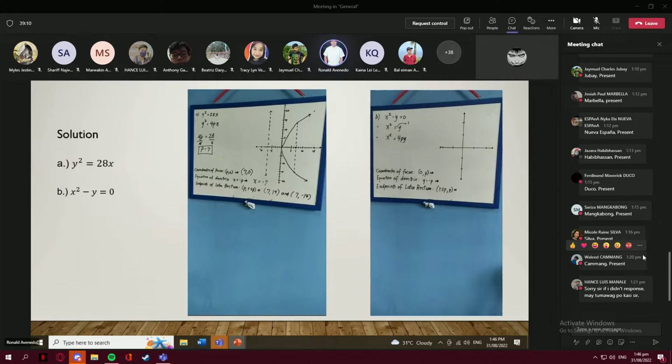Therefore, we can say that 4p is equal to 1. Again, 1 is the numerical coefficient of y. So divide both sides by 4. Cancel this. So p is equal to 1/4.